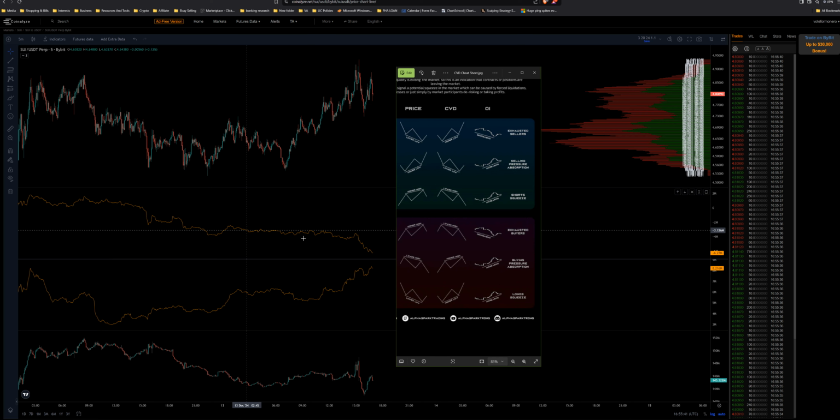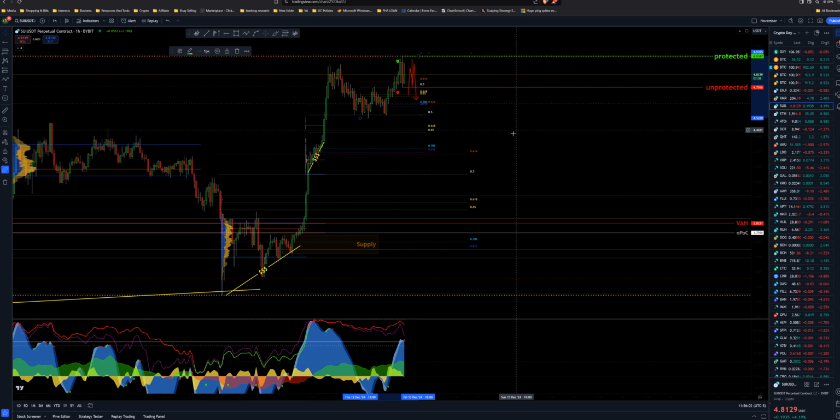We have CVD coming out, and we have open interest coming out. That is textbook exhausted buyers. Price action, higher high; CVD, lower high; and open interest decreasing. Absolutely fantastic.